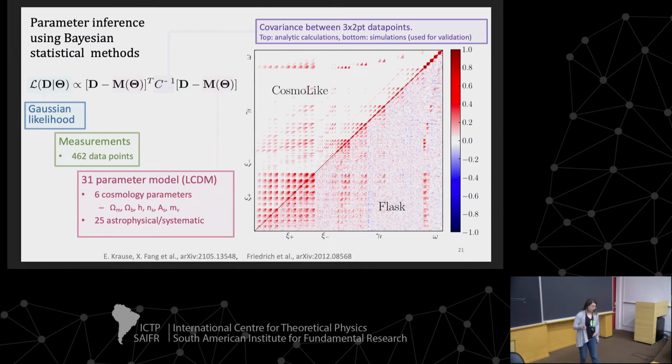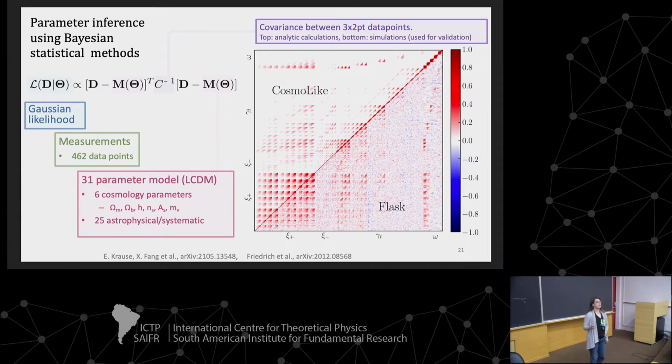Again, to go from the measurements to parameter constraints, we do a Bayesian analysis that's built on comparisons of the measurements to a model. Here, D for data is the collection of all those data points I showed you on the last couple slides. M is the model predictions for that. We compare them using a Gaussian covariance, which is shown in the upper part of the triangle here.